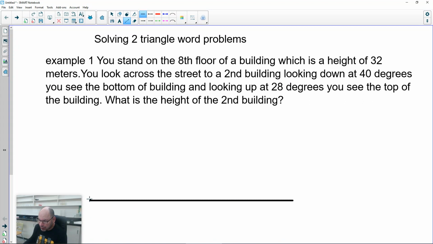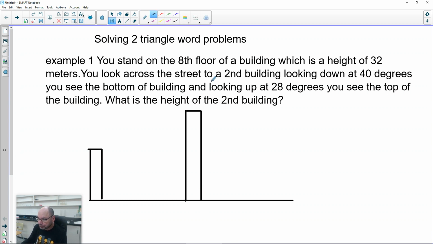We've got our one building, and then we've got a higher building because we have to look up and see the top of it. We know that the first building is, we're on the 8th floor, pretend that's the 8th floor there, and that's 32 meters.